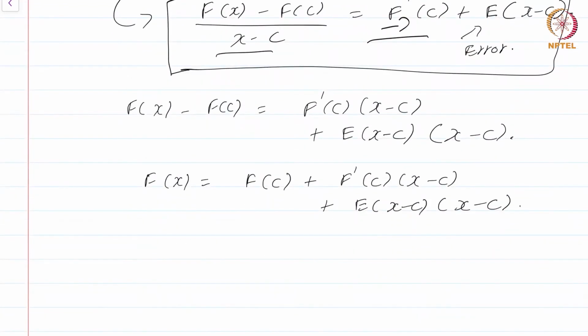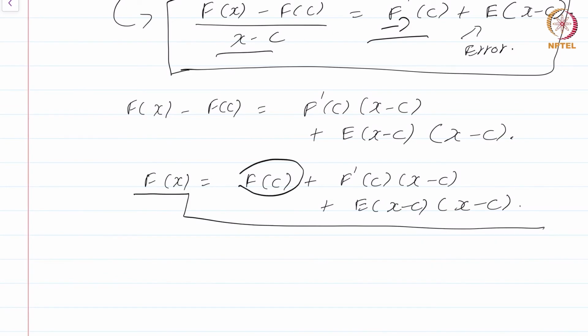What has happened is we have got an expression for f of x. f of x is just the value at c plus this f prime of c into (x minus c), which is certainly going to be linear. This part is linear, right?